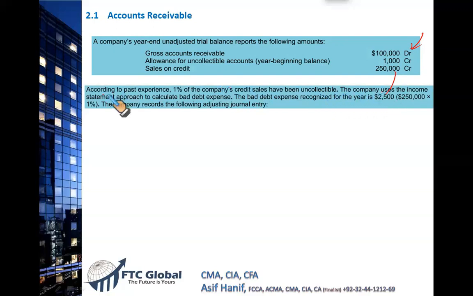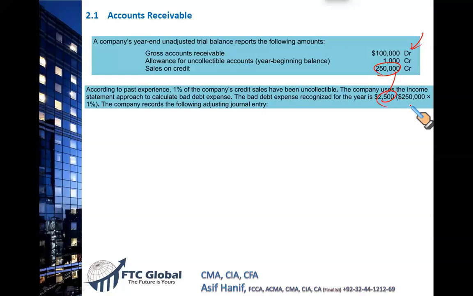The company uses the income statement approach to calculate bad debt expense. The bad debt expense recognized for this year is going to be just 1% of $250,000. That is $2,500. Now, ladies and gentlemen, listen to me very carefully.